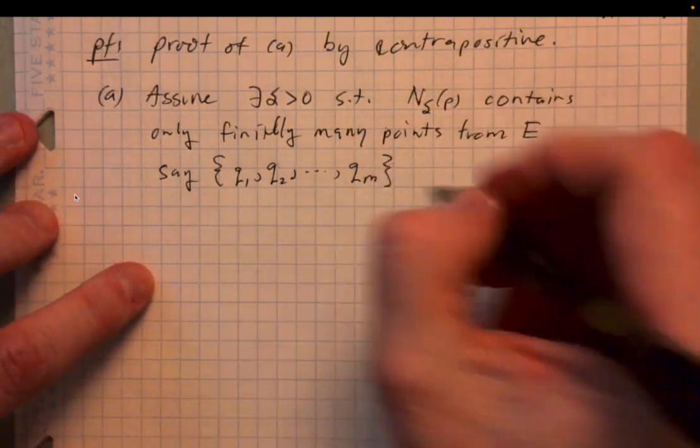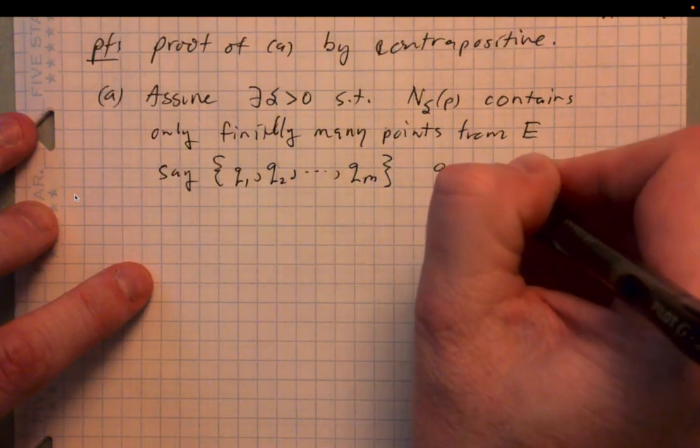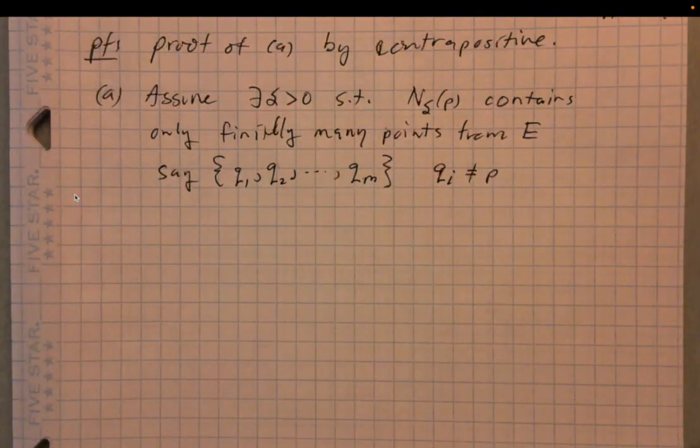And the assumption here is also that Qi is not equal to P. So I'm assuming I've found some distance from P with which I can construct a neighborhood, and within that neighborhood there are only finitely many points from E, m of them, Q1 through Qm.